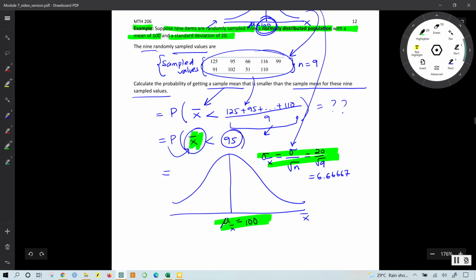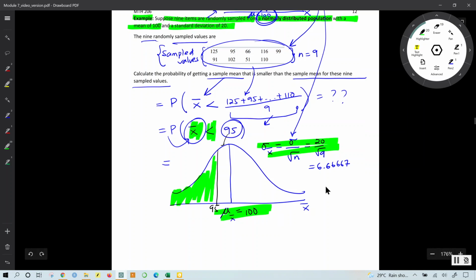Okay, now that we have the descriptors of the sampling distribution of the sample mean, I will need to locate 95. 95 is a number below 100, so 95 is here. And am I interested in below or above? The less than tells me I'm interested in below. So in this case, I can take these two parameters to my normal distribution calculator.